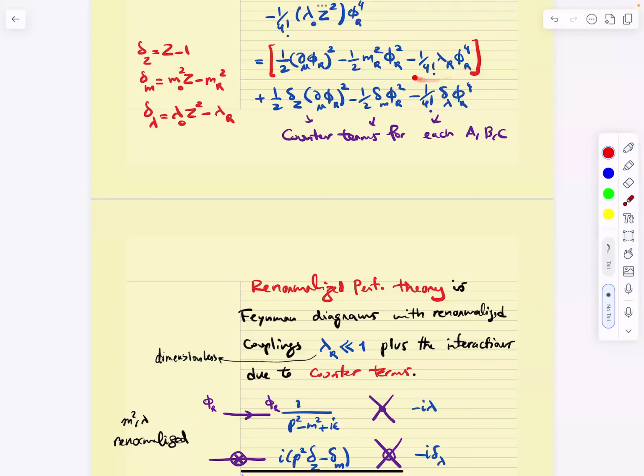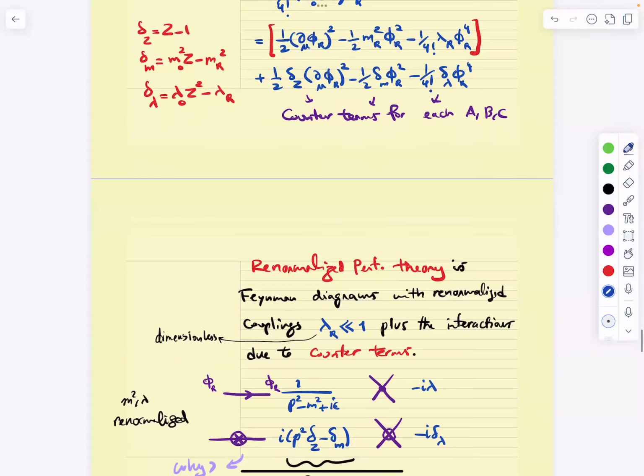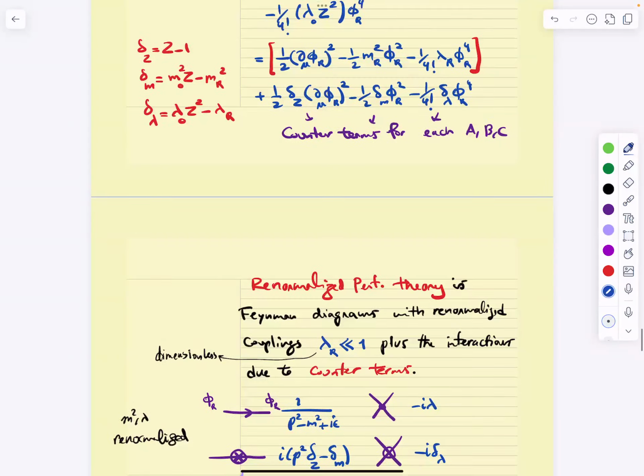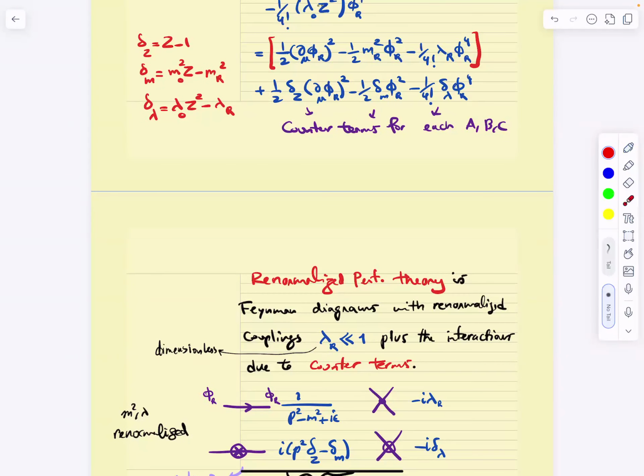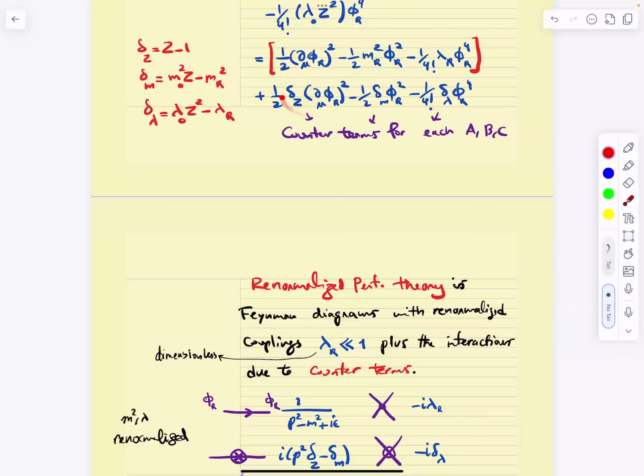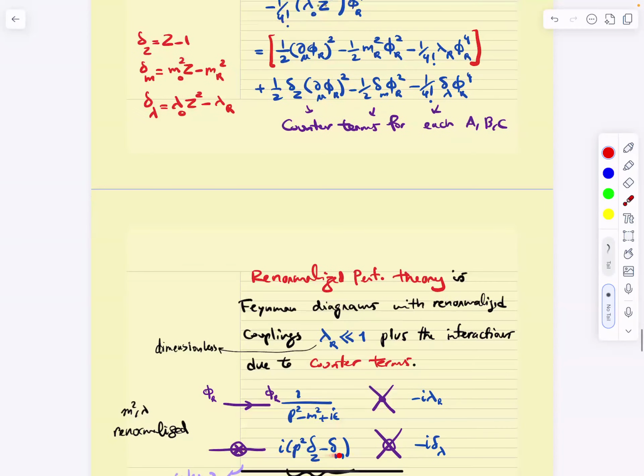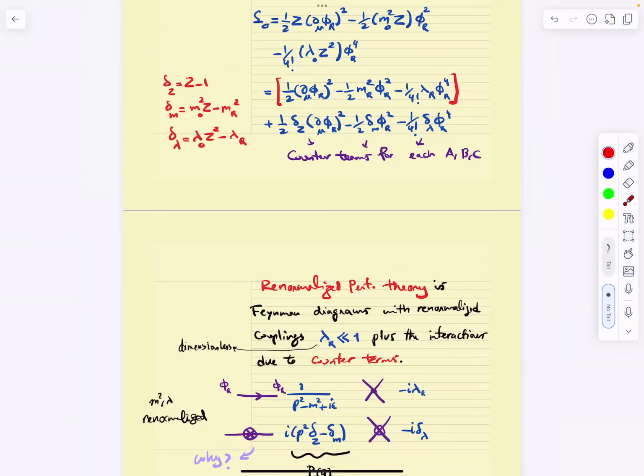This will give you this vertex, which is renormalized, right? But then there is this, which has to do with this counter term. This is a counter term for the propagator of phi. There's a p squared, or I call it q squared here, term, right? And then there's the order 1 term. And then there is a counter term for the C term. So this is the counter term for the A, B, and C terms.